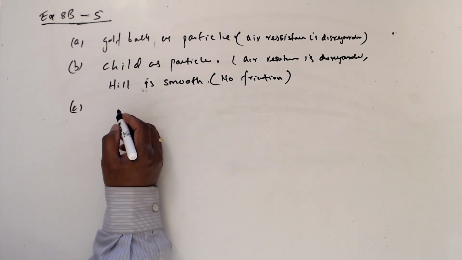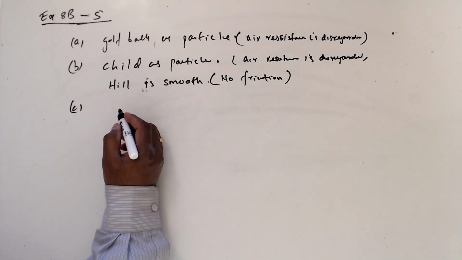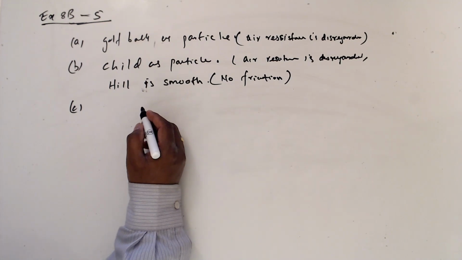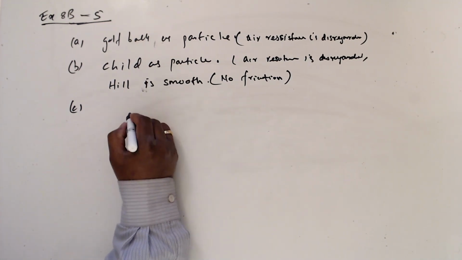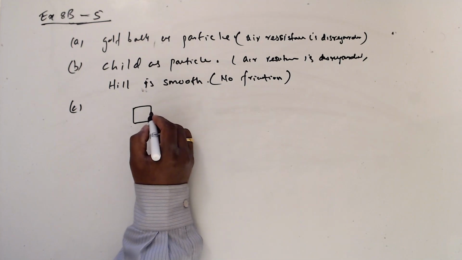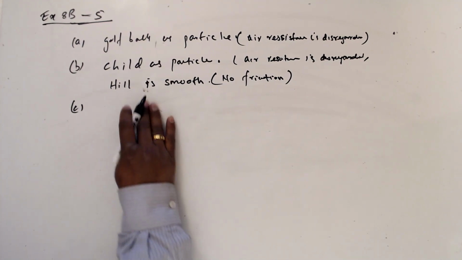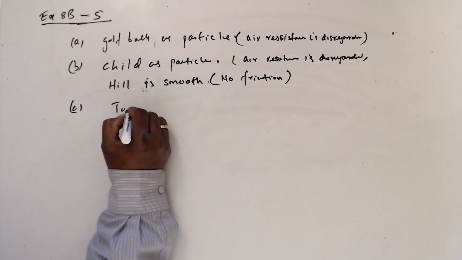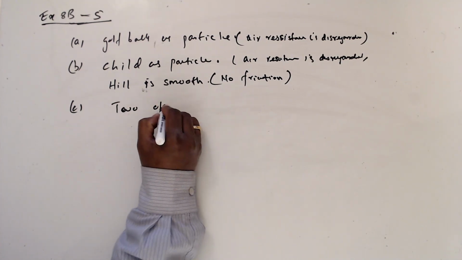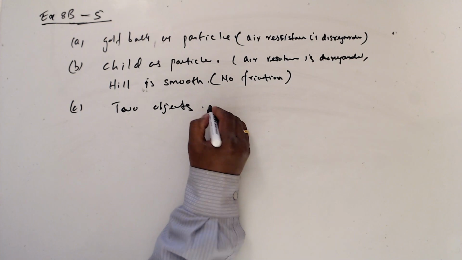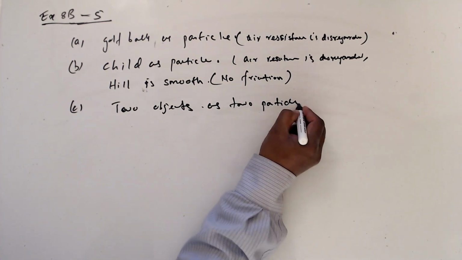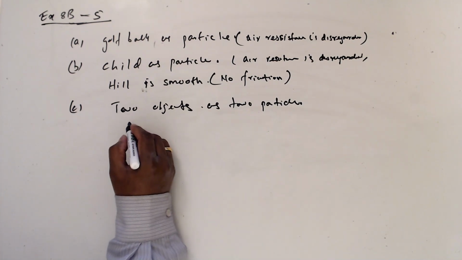The motion of two objects of different masses connected by a string that passes over a pulley. So the two objects we can assume as two particles, and we are using a string.